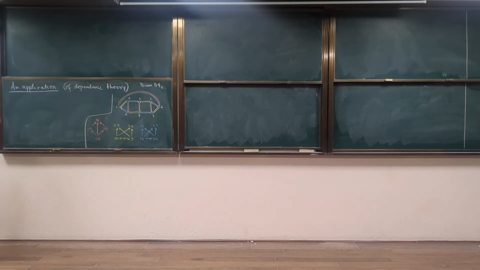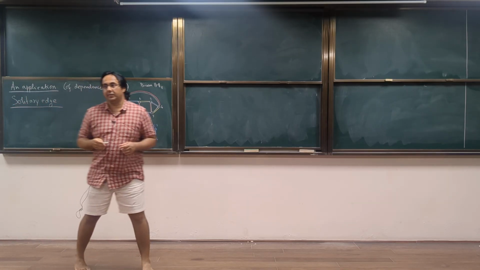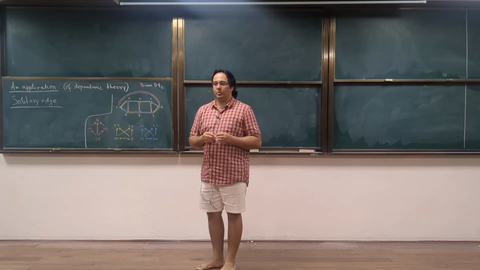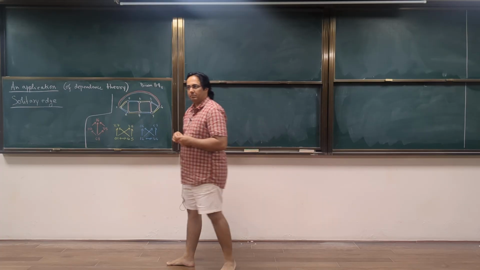So what is a solitary edge? A solitary edge of a matching covered graph is any edge that belongs to exactly one perfect matching.